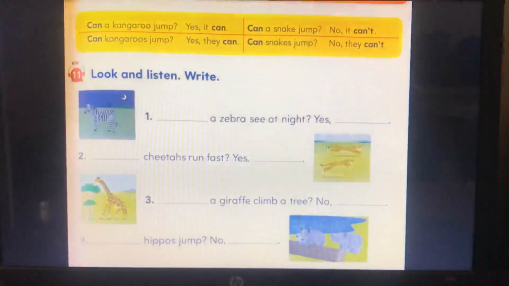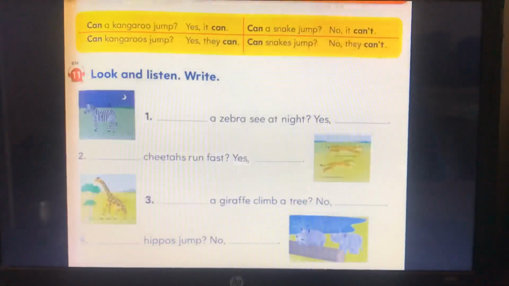Now we will be looking at exercises number 1 through 4 on page 99 of your big English book. Right here we have 4 different images. In each image we have a different animal.